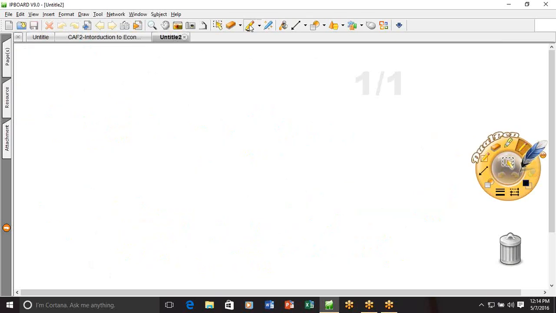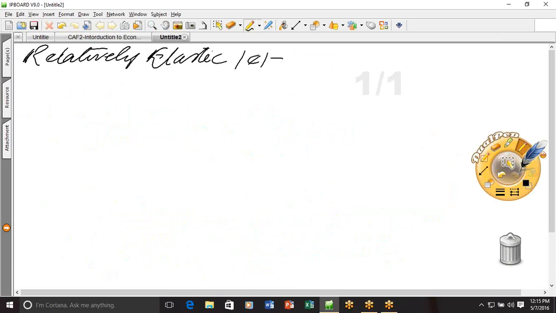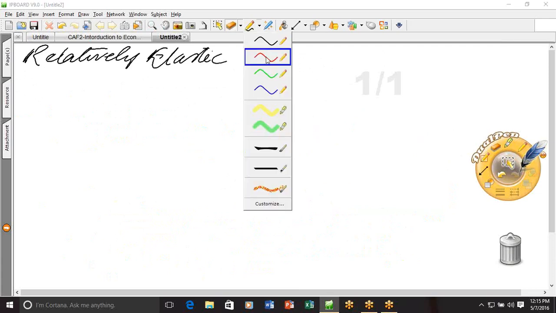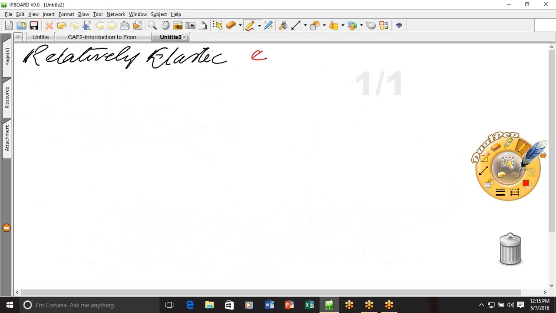Now, if we have some values, relatively elastic में the absolute E would be more than 1.